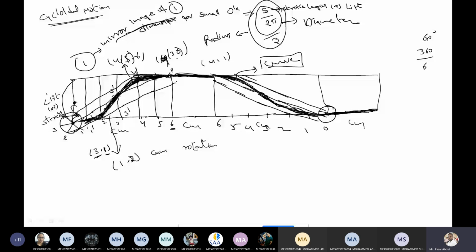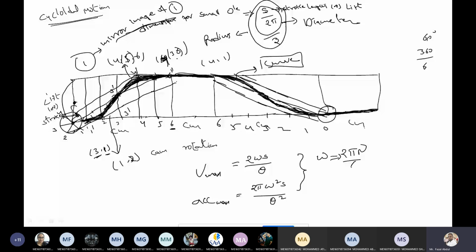So here also maximum velocity and maximum acceleration for the follower, 2 points you need to calculate. So write it down in your notes as equations. Maximum velocity is 2 omega s by theta. Another one is 2 pi omega square s by theta square, where omega is angular velocity 2 pi n by 60.